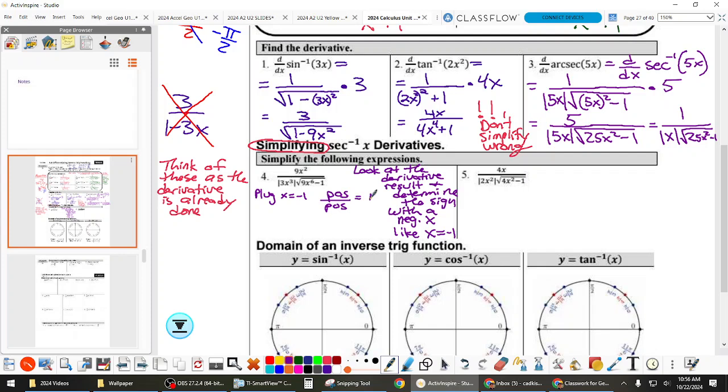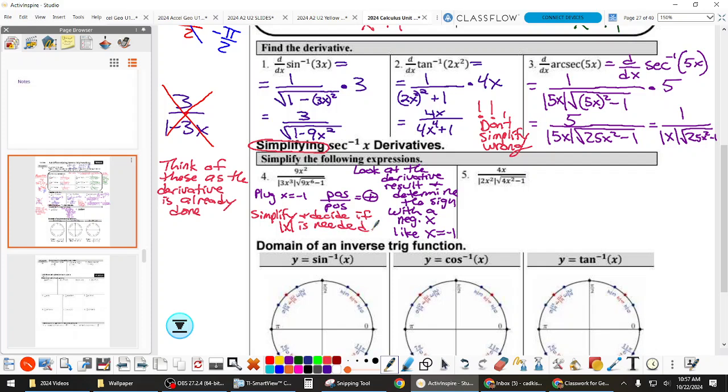Positive. So we need to make sure this is positive. If we simplify, it needs to remain positive. So our goal is really deciding whether we put the absolute value in the result or not. Okay? So then we simplify what we can. Simplify and decide if absolute value is needed.